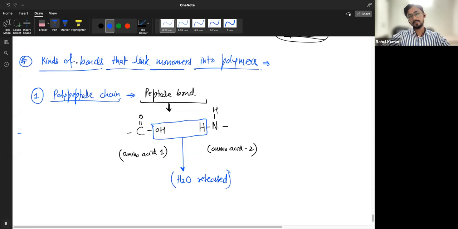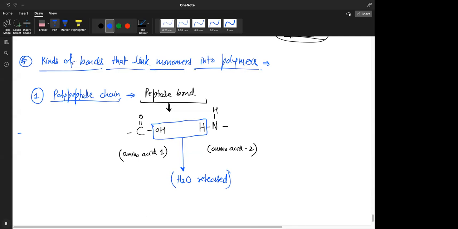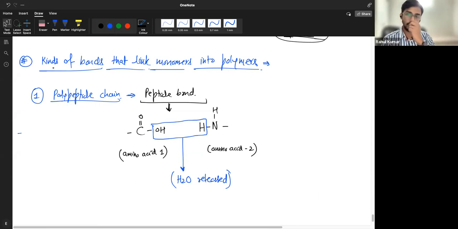Yeah, I will try. When the carboxylic group of one amino acid reacts with the amino group of the next amino acid, leading to release or elimination of a water molecule.